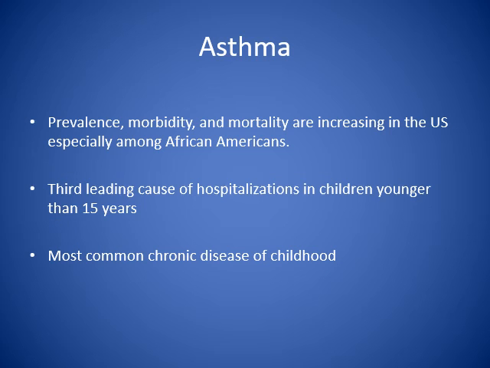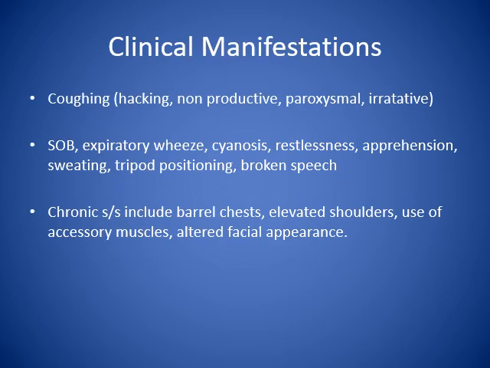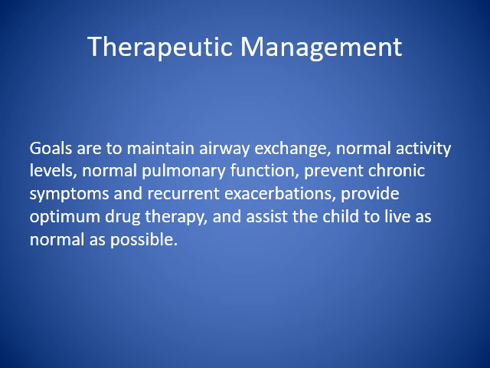The prevalence, morbidity, and mortality are increasing in the United States, especially among African Americans. It's the third leading cause of hospitalization in children younger than 15 years of life. Most common chronic disease of childhood.